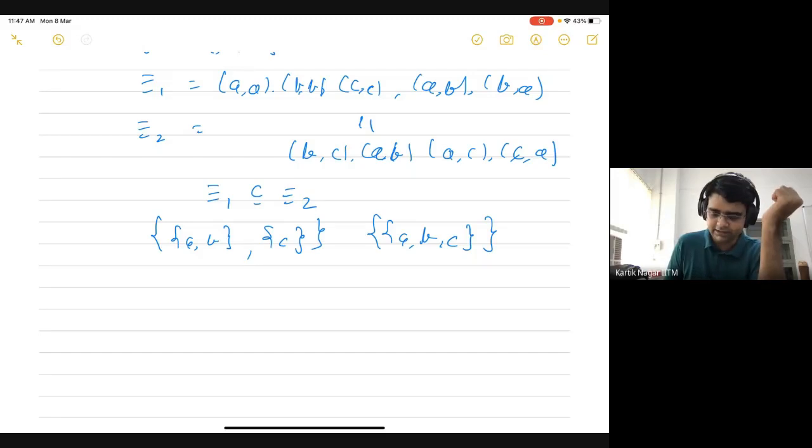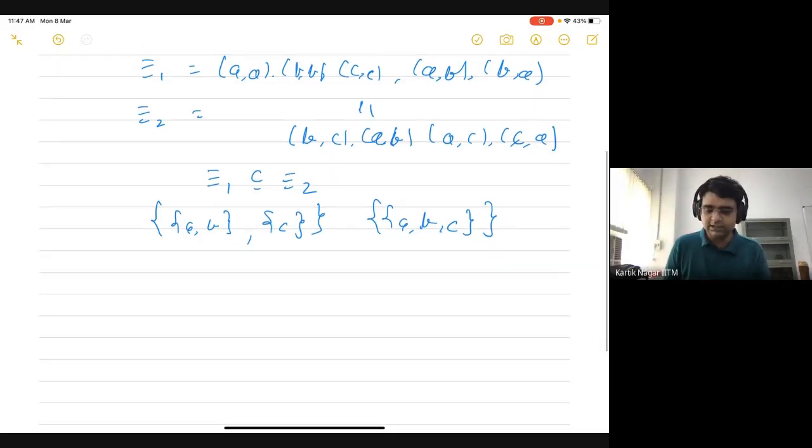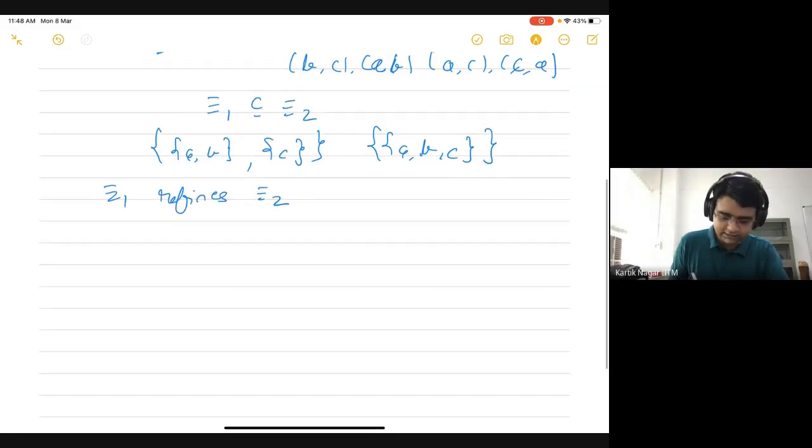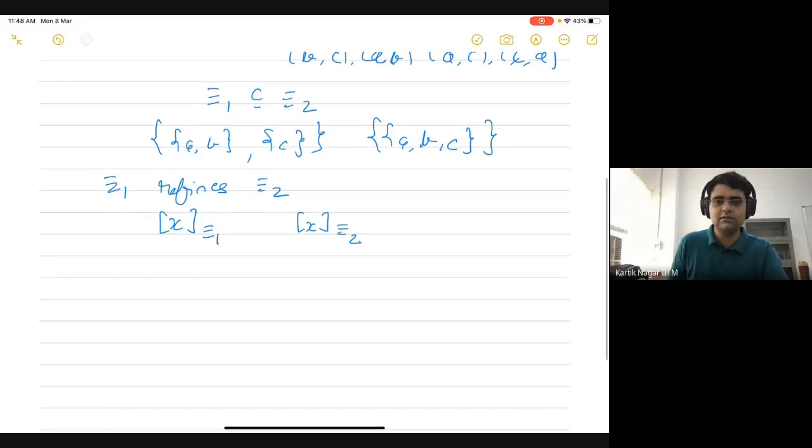As you can see, if relation one refines relation two, then relation one has more equivalence classes than relation two. This is true in general as well. If you say that relation one refines relation two, then consider the equivalence class of X with respect to relation one, and the equivalence class of X with respect to relation two. What is going to be the property between these two sets?